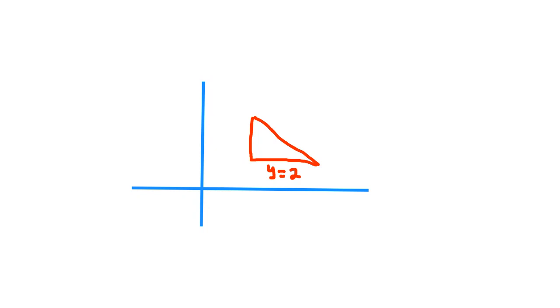This vertical line is x equals 3. And this line right here, the hypotenuse of this triangle, obviously has to have a negative slope, so let's say it's y equals negative 1/2 x plus 4, or plus 6.